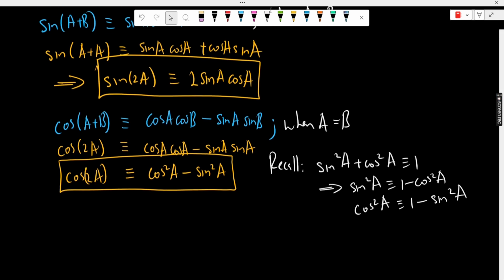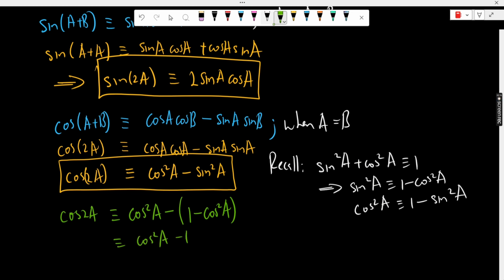So in the first case, where we substitute sine squared A is equivalent to 1 minus cos squared A, this basically becomes cos 2A is equivalent to cos squared A minus, put that in a bracket because it's 1 minus cos squared A. And so this gives us cos squared A minus 1 plus cos squared A, which therefore gives us 2 cos squared A minus 1.